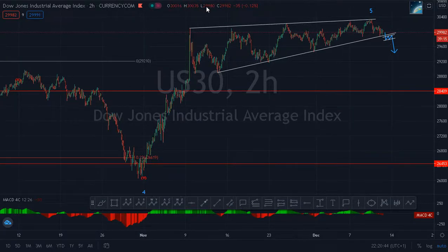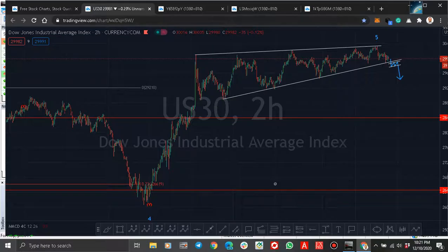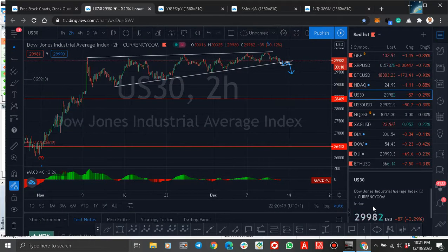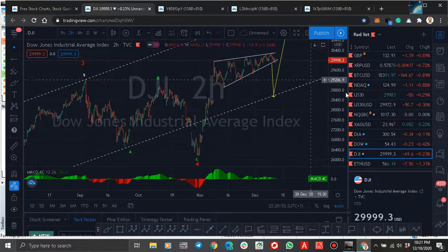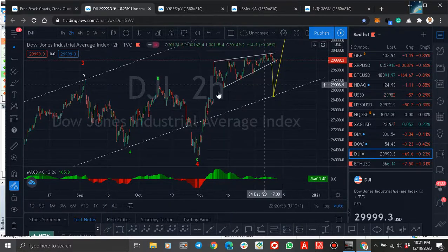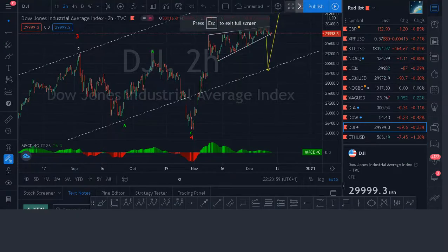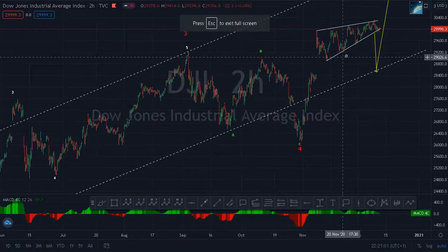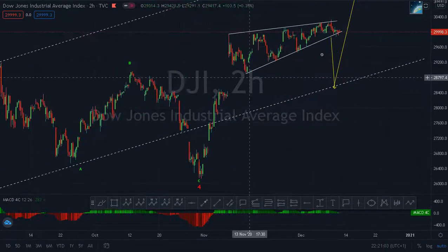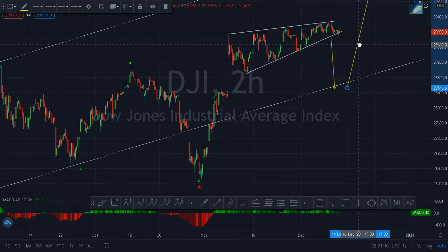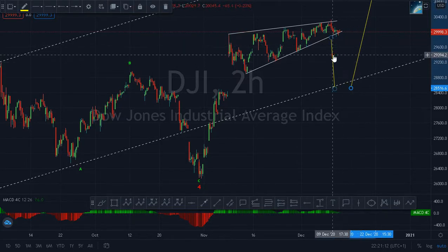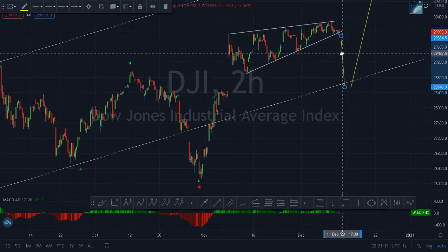Okay, now let's move to another pair. Let's go to Dow Jones Industrial Average. Dow Jones, many of them have similar structure. Very many of them. You can see I'm also waiting for the break of this channel. If it breaks and gives me a correction, I will just sell.